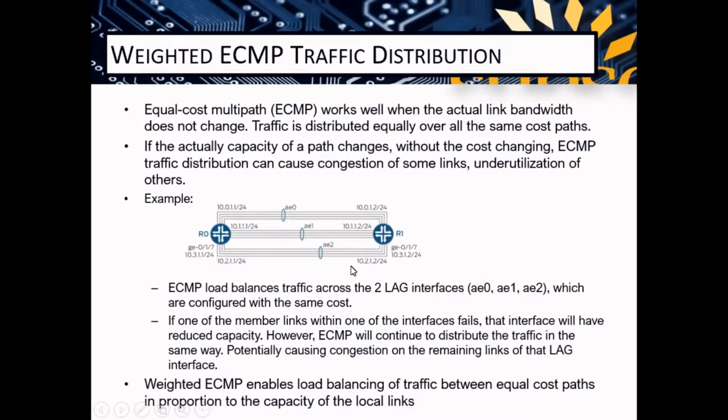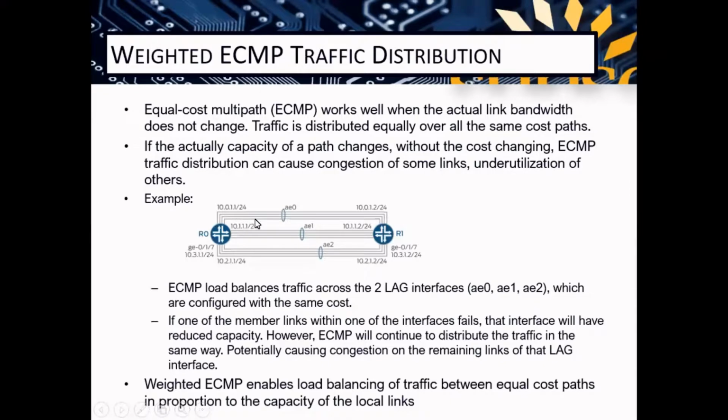So from the point of view of ISIS, these are 3 different links with the exact same cost. So if I turn on ECMP, if I enable load balancing, as I showed you in the previous example, there's going to be equal distribution of traffic across these 3 LAG interfaces.